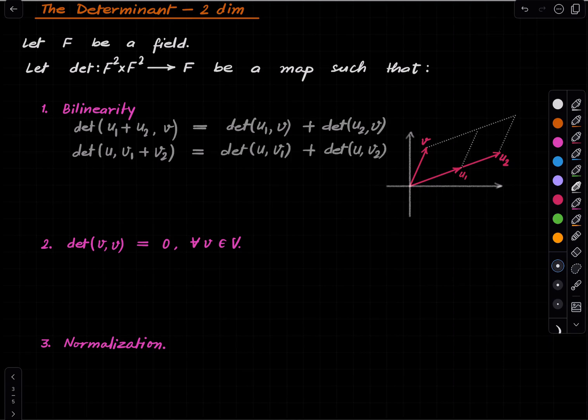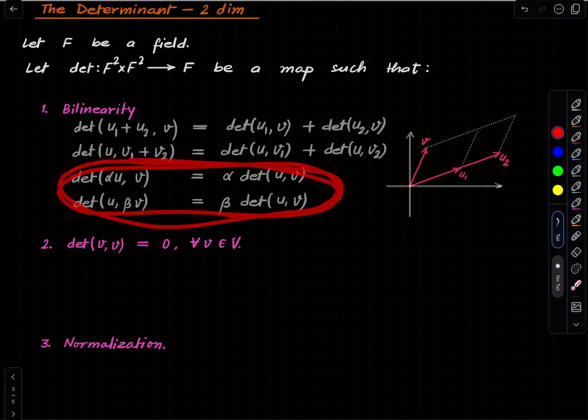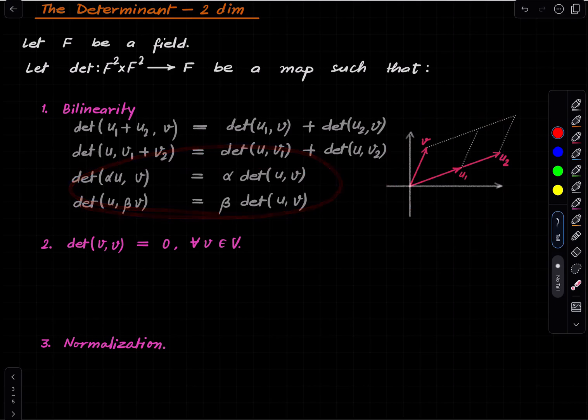And the same goes for scaling. I leave it to you to justify this in this picture. The intuitive meaning of this will be left to you. And these four axioms together say exactly that the determinant function is a bilinear form on the vector space F2. So bilinearity is well motivated.